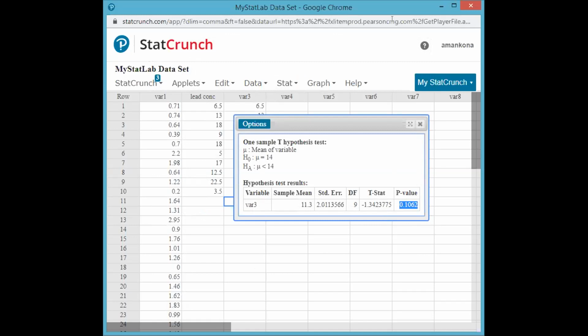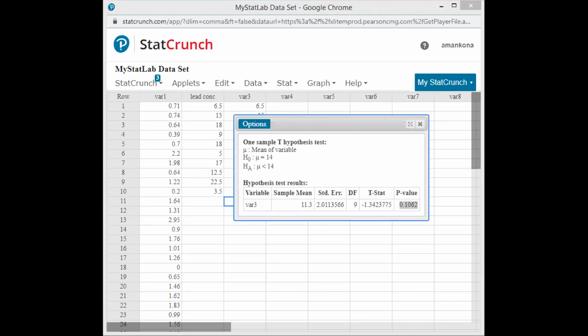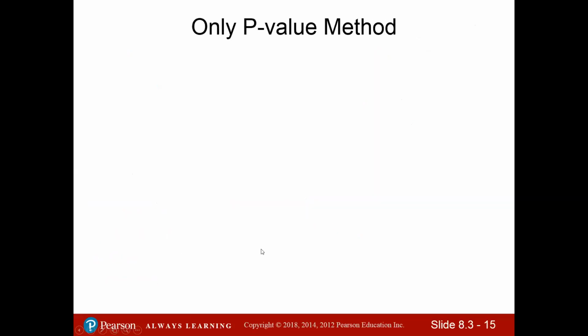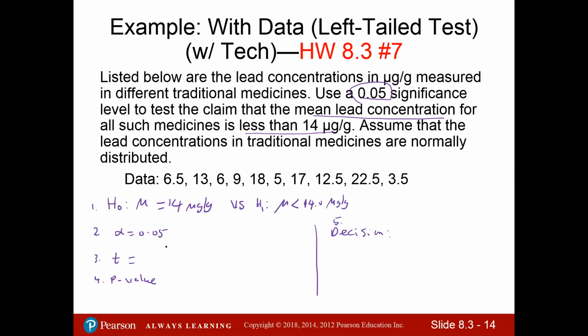Let's put everything in and go back to part 1. This is negative 1.34 and 0.1062. Let me make sure I got those correct.